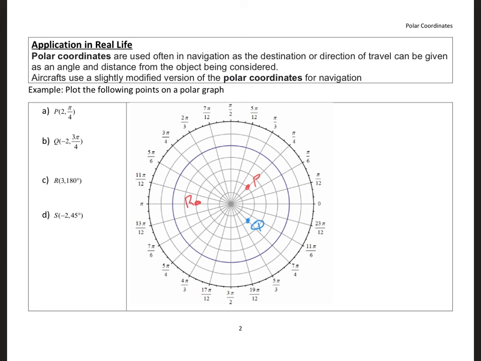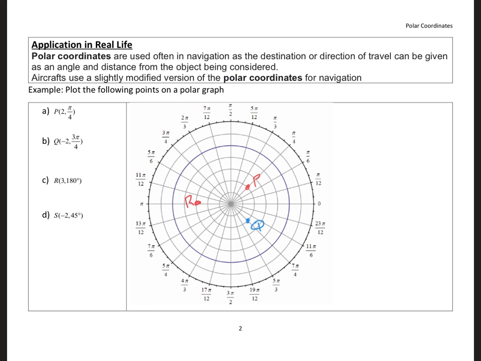And let's go to the next one. The next one is (-2, 45 degrees). What does that mean? That's a negative radius. So let me do the ones with negative in blue. I go to 45 degrees, and then I go in the opposite direction, and this is negative 2.